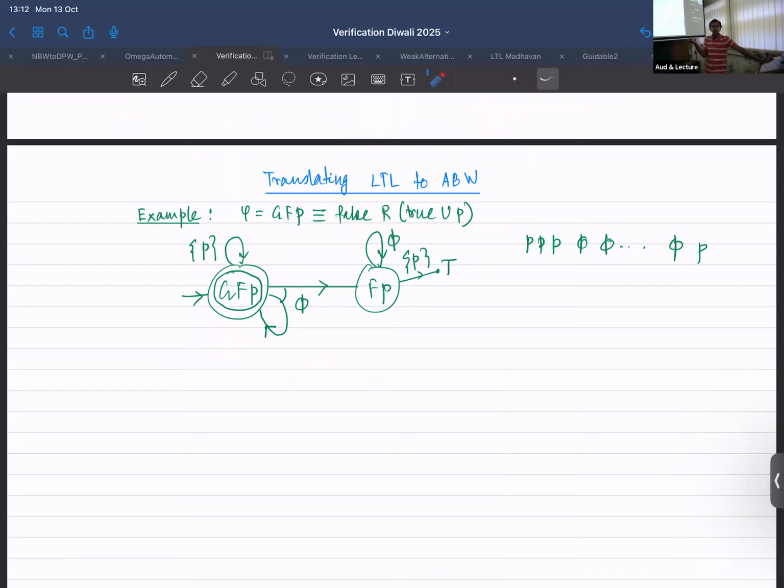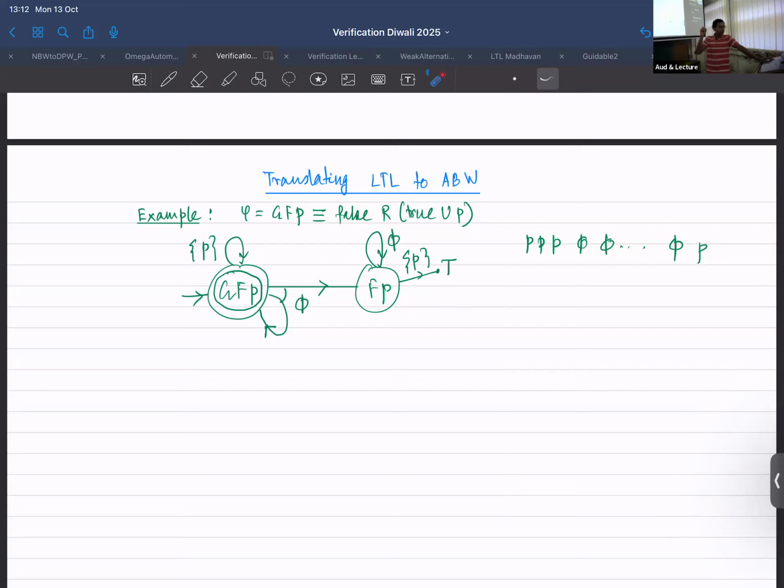So you can try to draw, given a particular such word where you have the p's occurring infinitely often, how the run tree looks like. All the branches between two p's will go to true once you see the next p. Exactly, right?